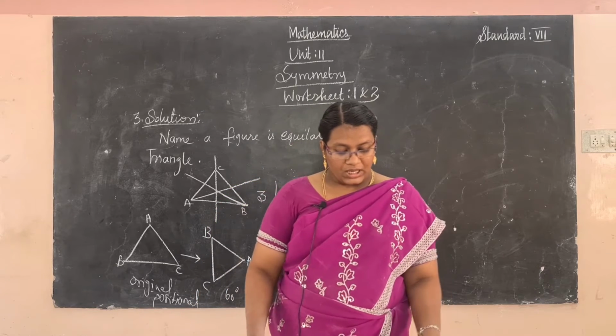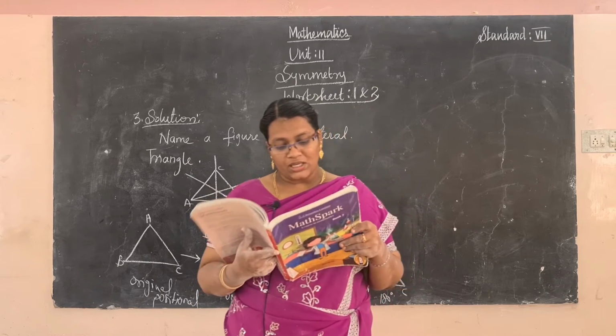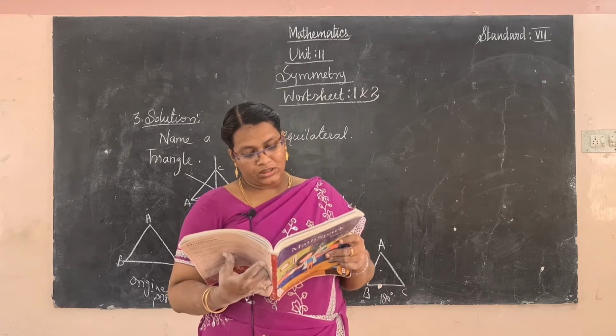Fourth one: say the type of line symmetry and rotational symmetry found in the circle.